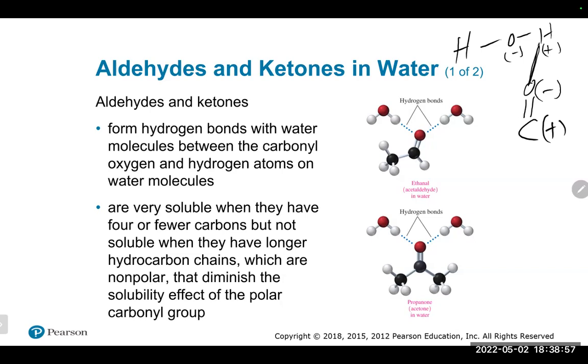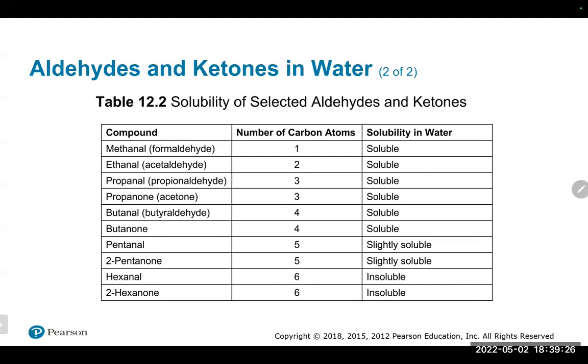So aldehydes and ketones will be pretty much soluble for fewer carbons. They also have a lower boiling point and melting point than alcohols, because they cannot hydrogen bond with themselves like alcohols can. They will have a higher boiling point than alkanes, but not a higher one than alcohols. So alcohol at this point is still our champ in terms of boiling points and melting points.